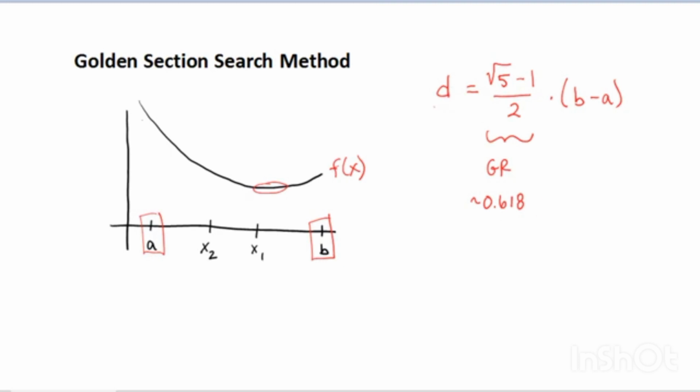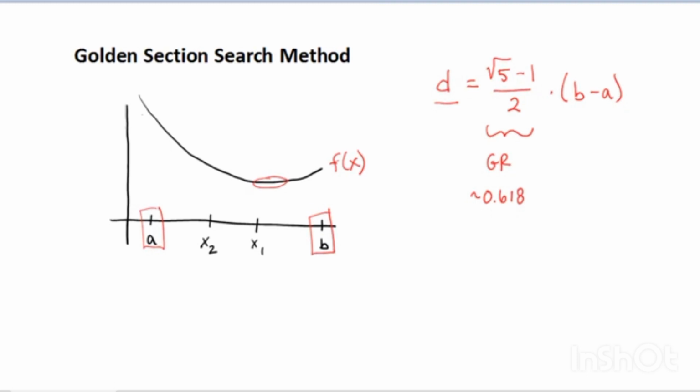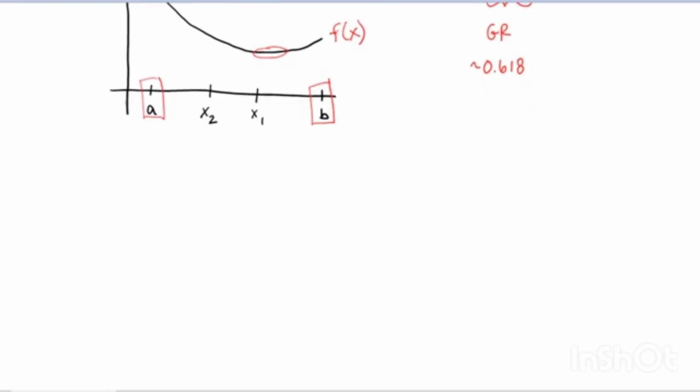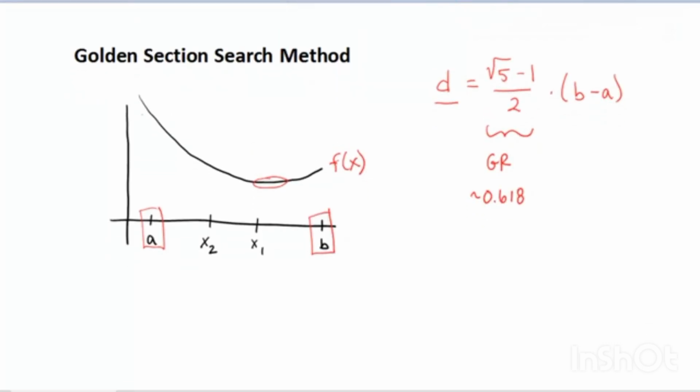Once we have calculated d, we want to compute two values, x1 and x2, as shown here. Now x1 is just a distance d away from a. So this distance here is just d.